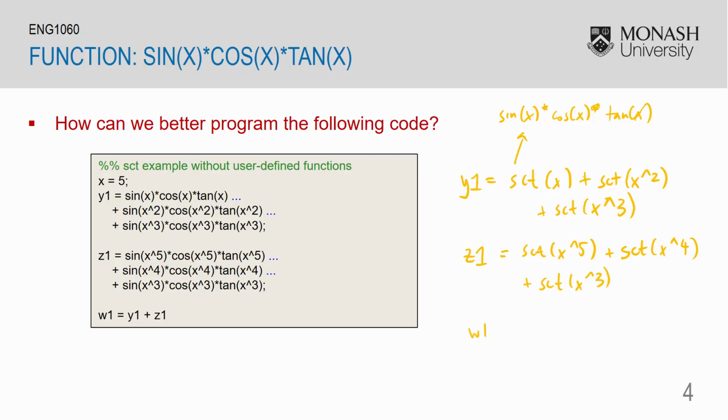And w1 is therefore y1 plus z1. This makes it much easier for us to write mathematically, and we can achieve the same thing by writing a function for it in MATLAB.